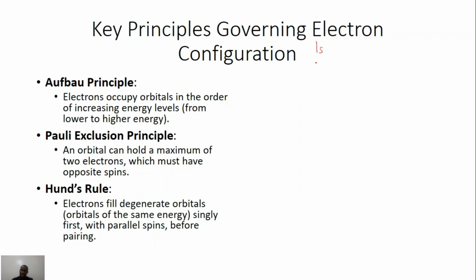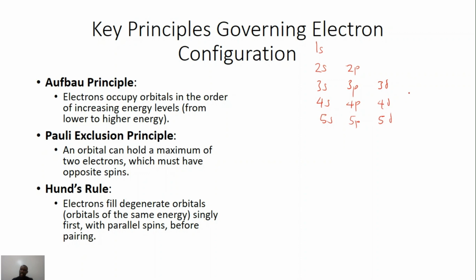can be indicated like this: 1s, 2s, 3s, 4s, 5s. The next one is p: 2p, 3p, 4p, 5p. The next one is d: 3d, 4d, 5d.